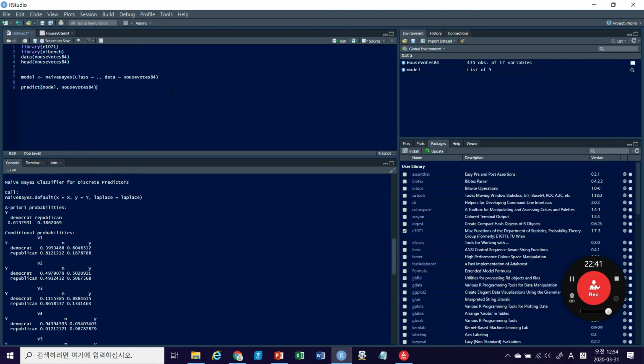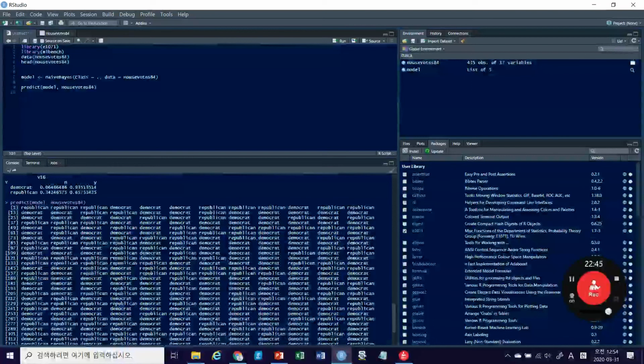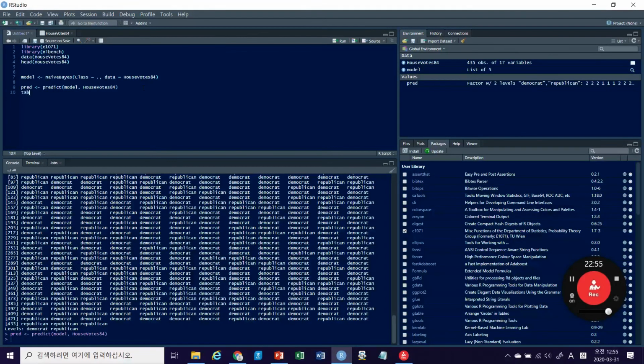And then by running this code, yes, you can get the predicted class. Let us save this one as pred. And you can make a confusion matrix using the table function. The true value is HouseVotes84 class, and then pred.